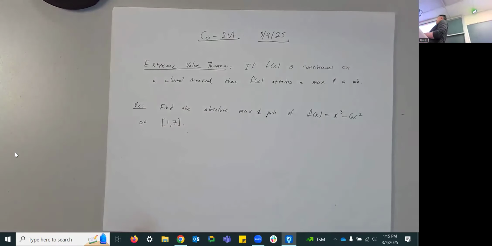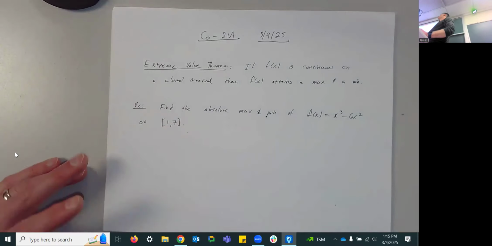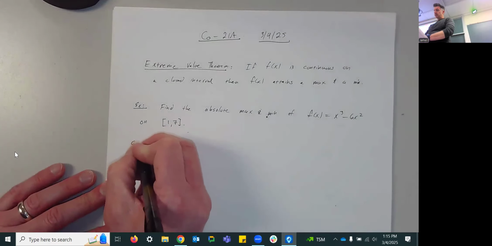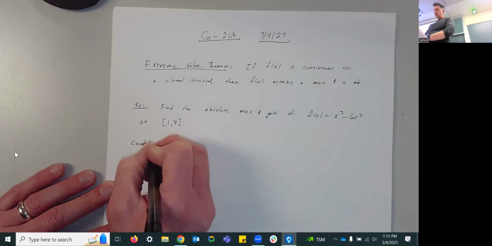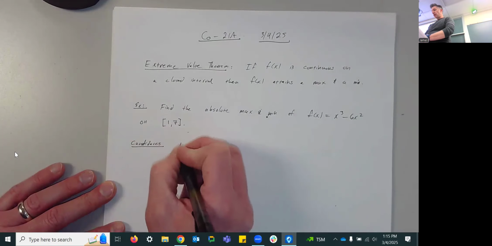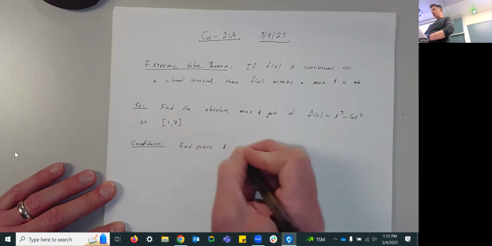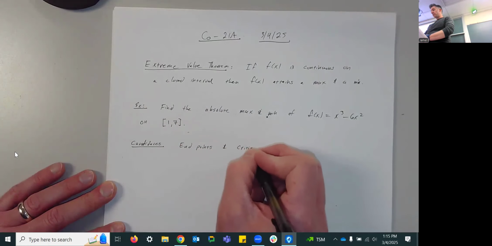So here's the idea. We're going to find all the places where we might have a maximum or minimum. And to do that, we have to find two things. Well, to find one thing, the other thing will be obvious. So our candidates are going to be the following. Endpoints, so 1 and 7, and critical points.